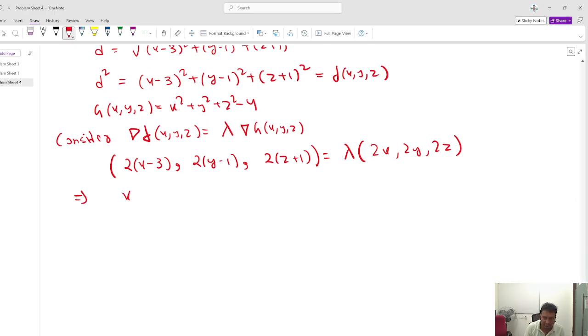You compare the coefficients, and you will get x minus 3 is equal to lambda x, y minus 1 is equal to lambda y, and furthermore z plus 1 is equal to lambda z.